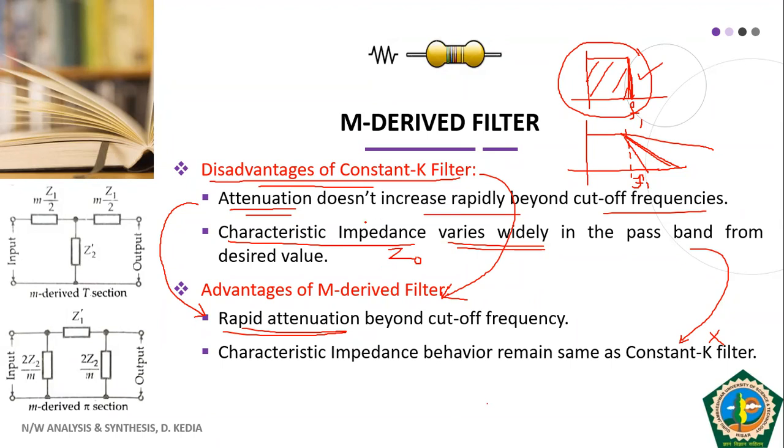In terms of characteristic impedance, we do not get any further advantage. So one disadvantage of constant K filter we are able to remove in case of your M derived filter. Fine. So now let us look into the concept of M derived filter.